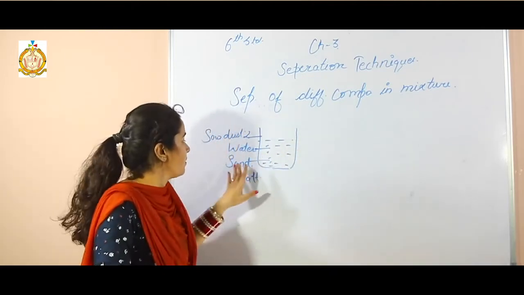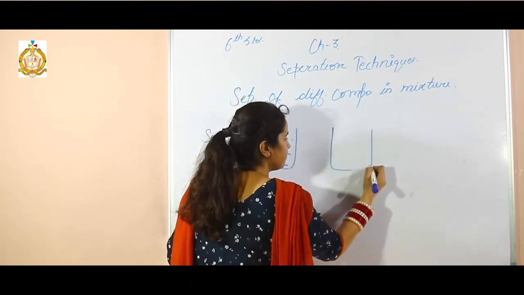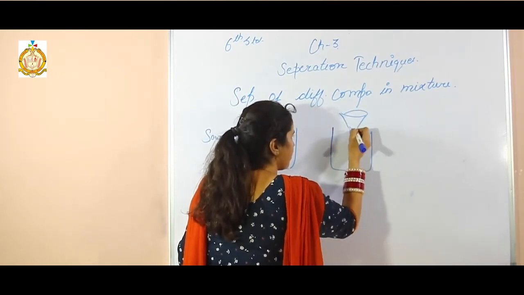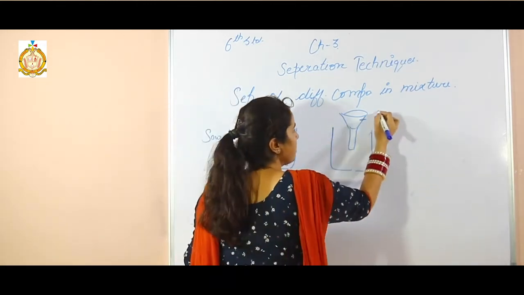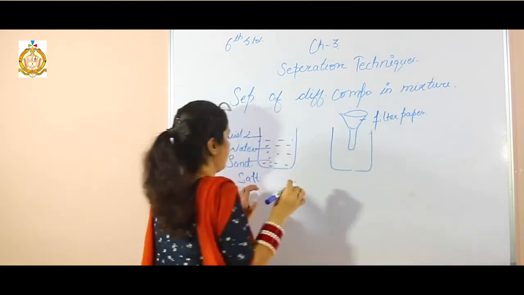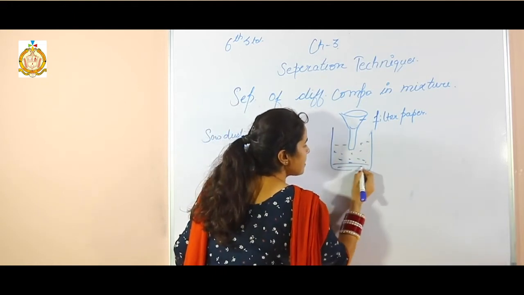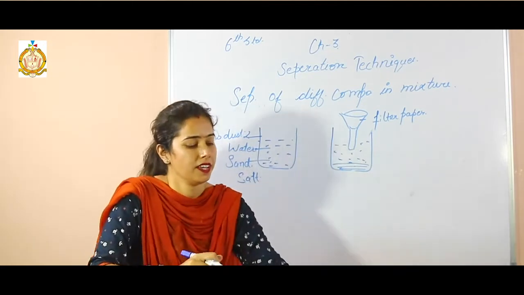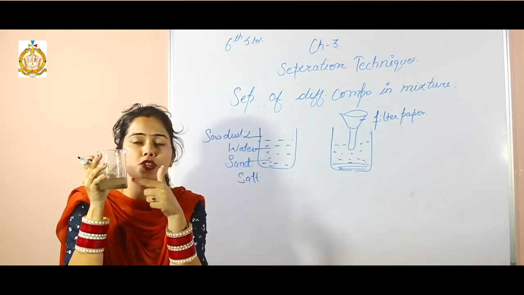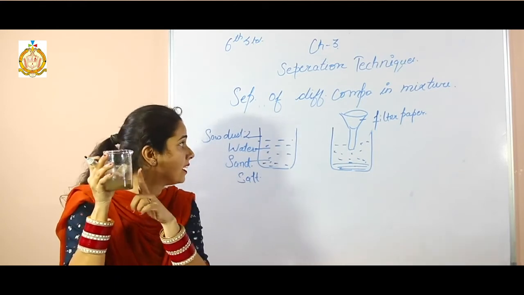When we do filtration, the sawdust comes into the filter paper, and the water that is dissolved with the salt passes through, while the sand is settled down.